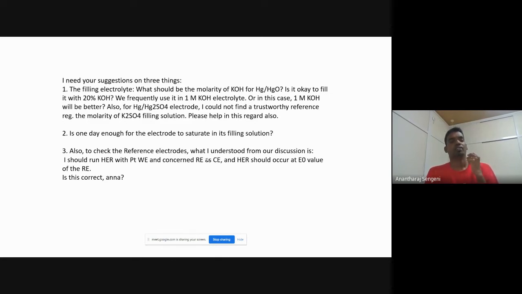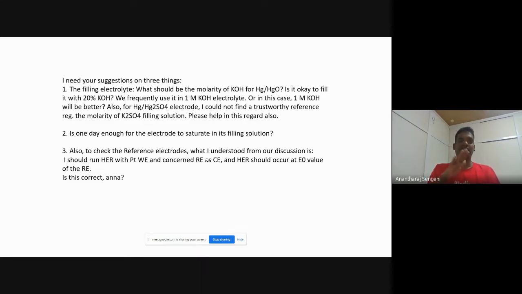As you pointed out, when you use a reference electrode in a solution of a particular concentration of KOH, you should always ensure that the concentration of the KOH solution inside the reference electrode is the same. Because when we have different pH, we are basically forming a concentration cell.